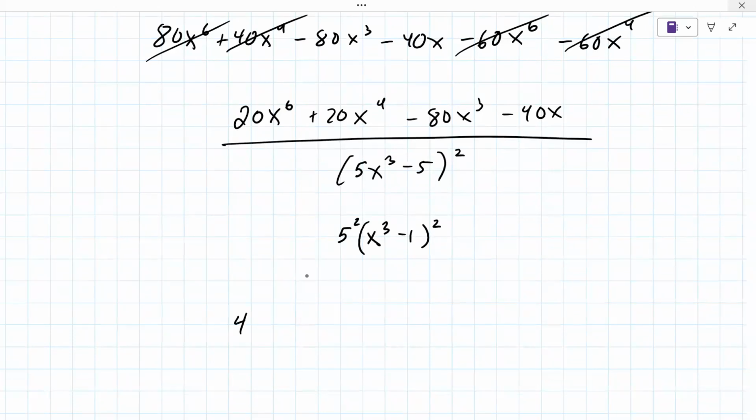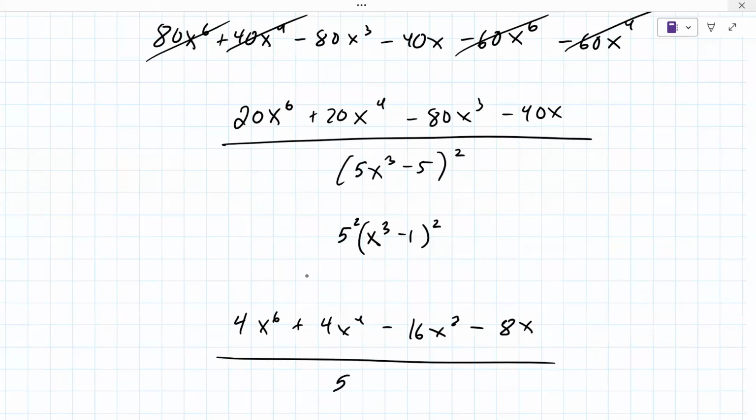You could take a 5 out of that and it becomes 4x to the sixth plus 4x to the fourth minus 16x cubed minus 8x, all over 5 x cubed minus 1, squared. Is that better? I have no idea. You could factor a 4 out of the top two now, and I'm just confused as to where you would stop.